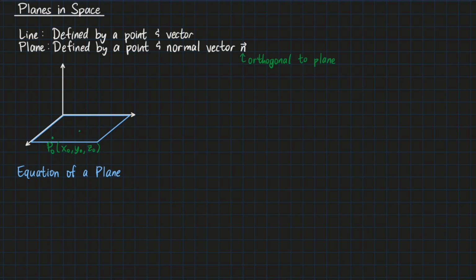We can call that point P, and its coordinates will just be x, y, and z. We can create a vector starting from P0 going to P. Now this vector is going to be along that plane. And then remember, to define a plane, we need to have a normal vector n. And this is going to come out of the plane perpendicularly.